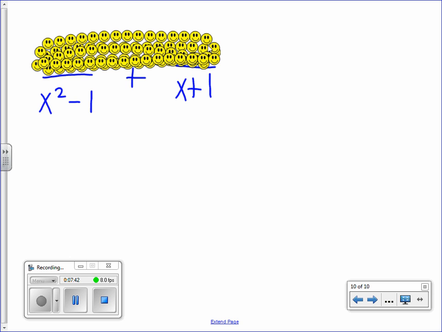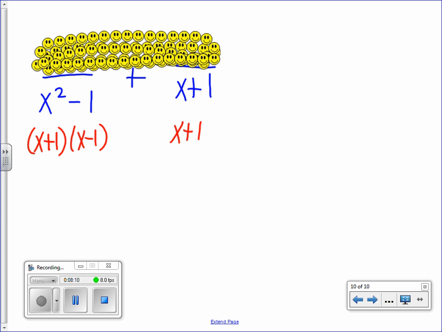Alright? What does this factor to? x plus 1, x minus 1. This one just doesn't factor, right? Okay, nothing cancels. Alright, what does this one have that this one doesn't have? An x minus 1, right? Does everybody see? This one is x plus 1, x minus 1.